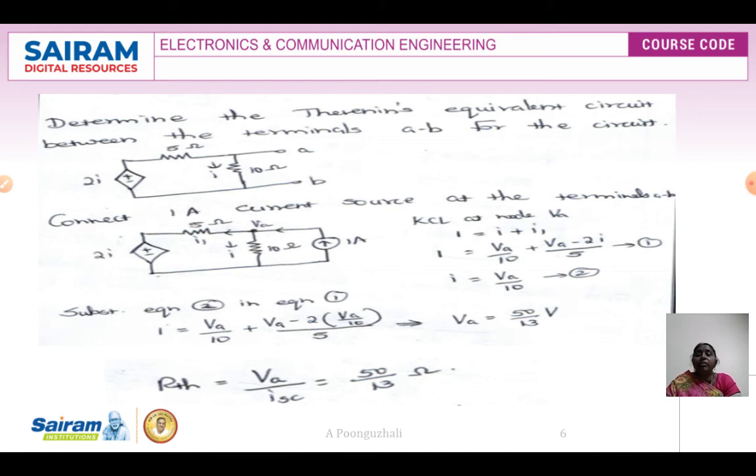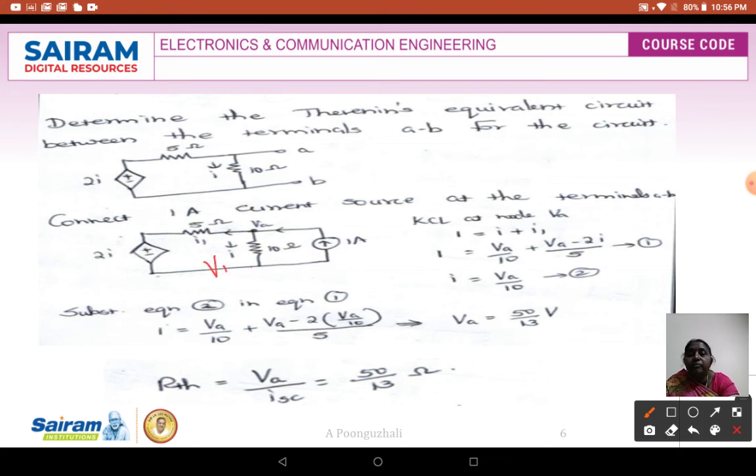Incoming current is going to be I, that is 1, equal to outgoing current, which is I plus I1. So what is I? If I apply my nodal analysis, taking this as a reference voltage, VB, this is going to be a ground terminal. So it is VA by 10 plus VA minus, the voltage here is going to be minus 2I, divided by 5.